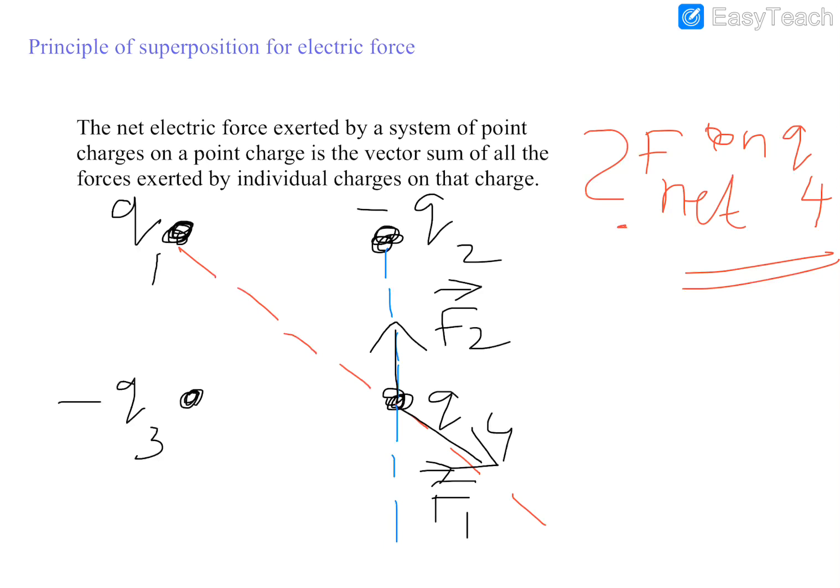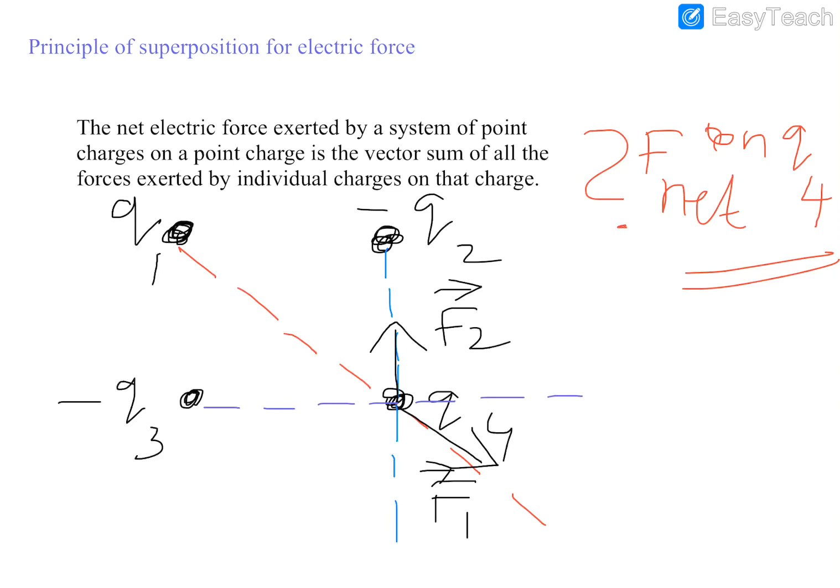Now one more charge is there, that is Q3. Q3 is exerting force on Q4. Q3 is a negative charge. So first draw the line joining Q3 and Q4. Now Q3 is exerting a force on Q4. You want to know whether it is attractive or repulsive. Here Q3 is negative, Q4 is positive, so they are unlike charges.